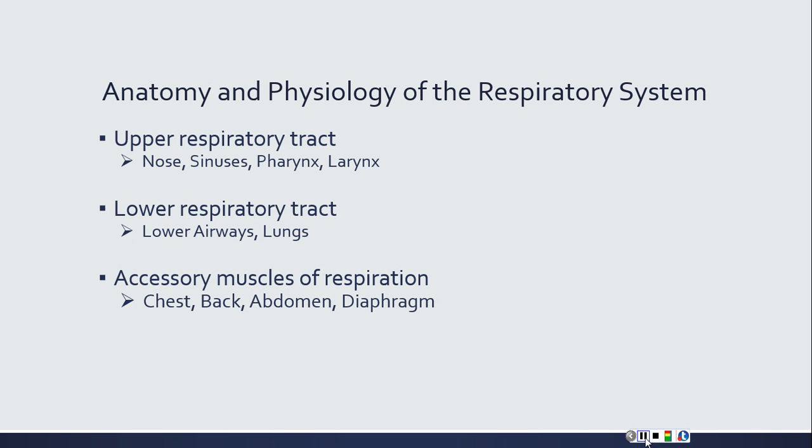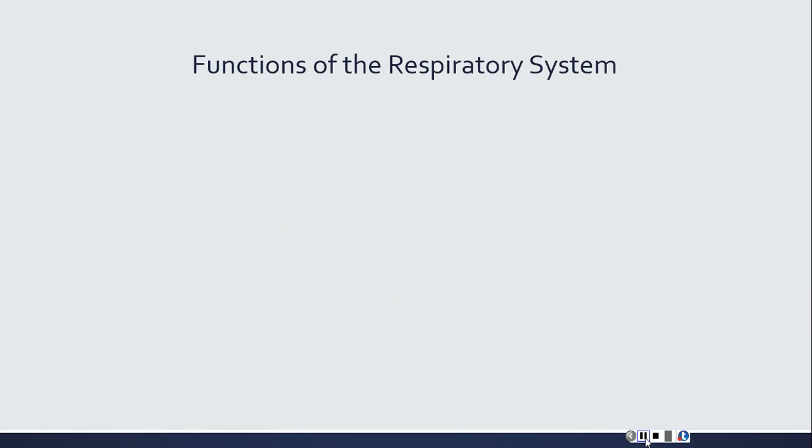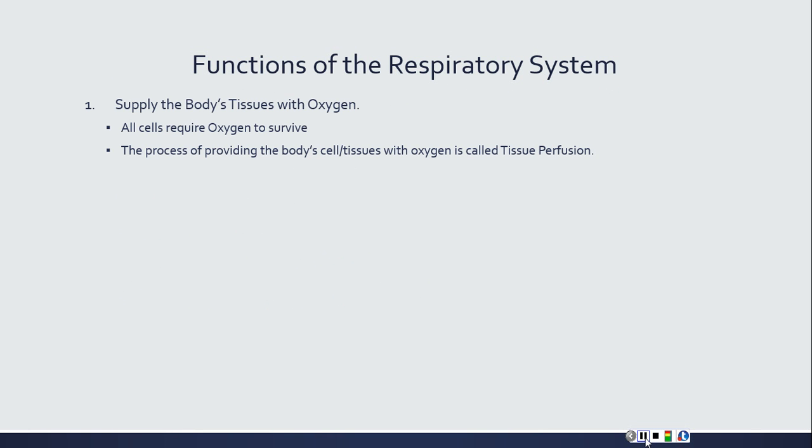What happens if we don't give the cells and tissues the oxygen they need? They will die. So, I'd say that's pretty important. Number one function is to supply the body's tissue with oxygen. All cells require oxygen to survive, and the process of providing the body's tissues and cells with oxygen is called tissue perfusion. Okay?